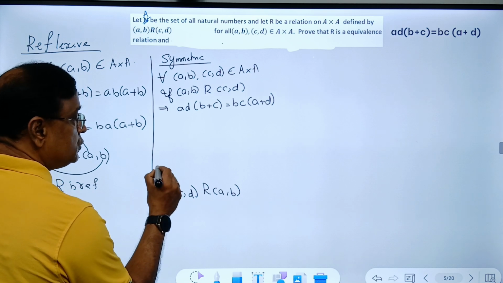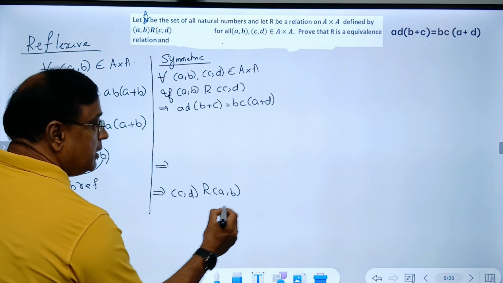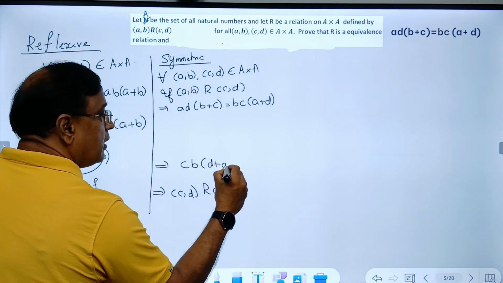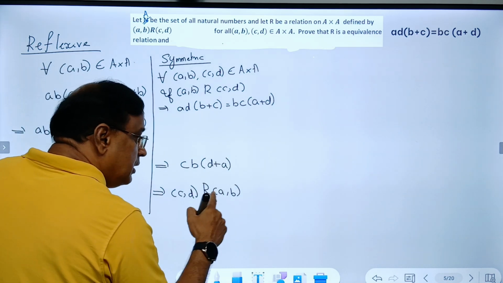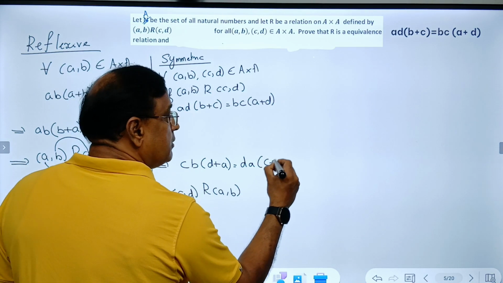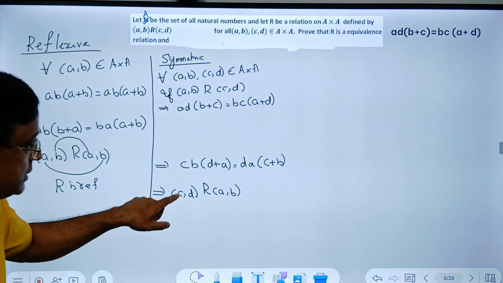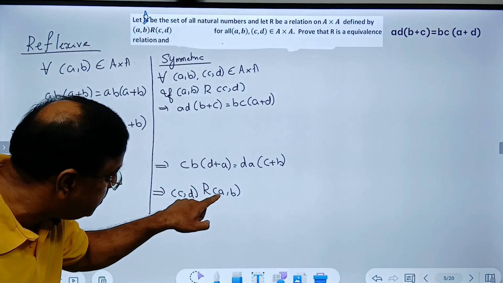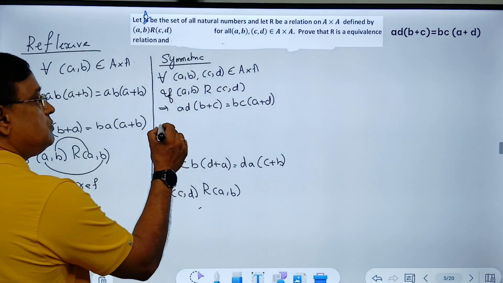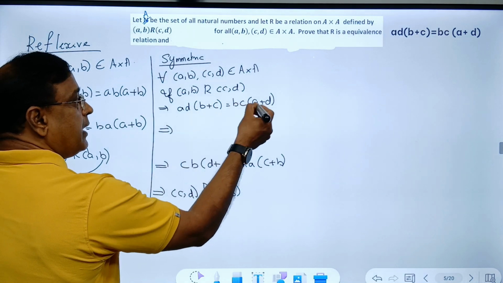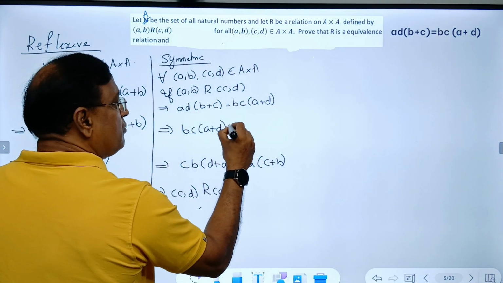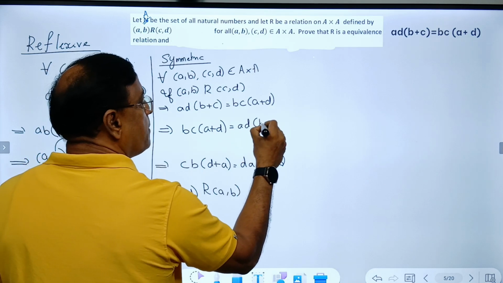That means what I should have got in my previous step is CB into (D plus A) equal to DA into (C plus B). By the definition, CB into (D plus A) equal to DA into (C plus B), which is so obvious because I can always write this as BC into (A plus D), exactly like what we did in the previous problem.